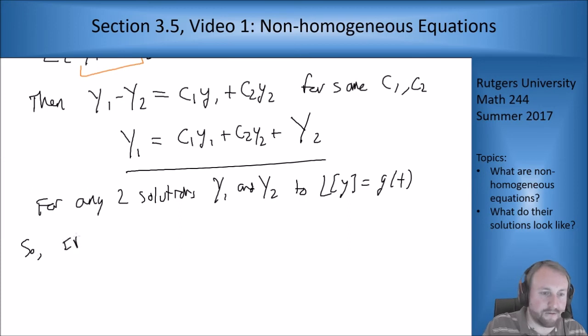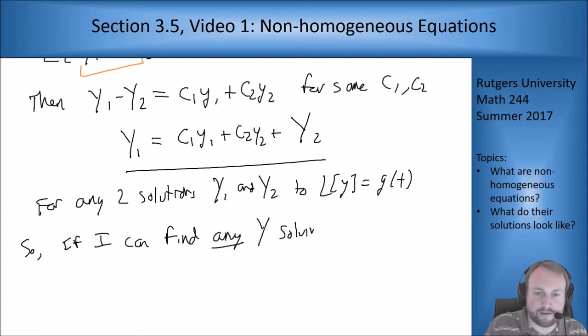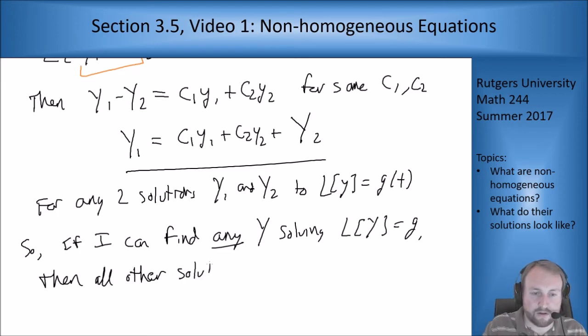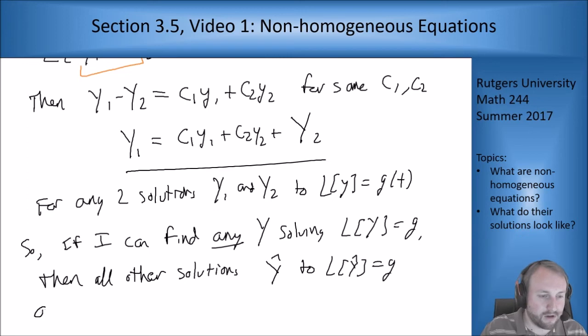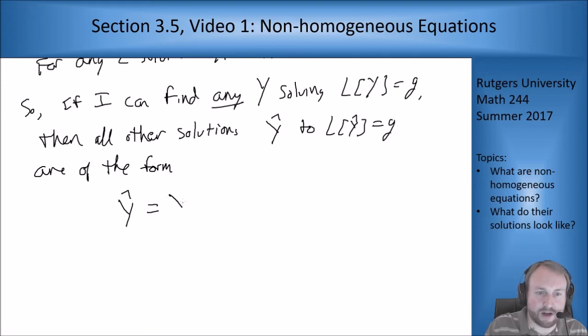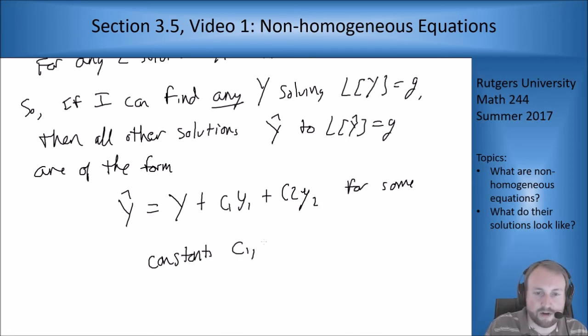So if I can find any Y solving L of y equals g, then all other solutions y hat to L of y hat equals g are of the form y hat equals Y plus c1y1 plus c2y2 for some constants c1 and c2.